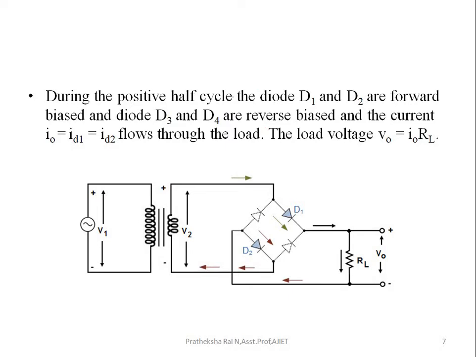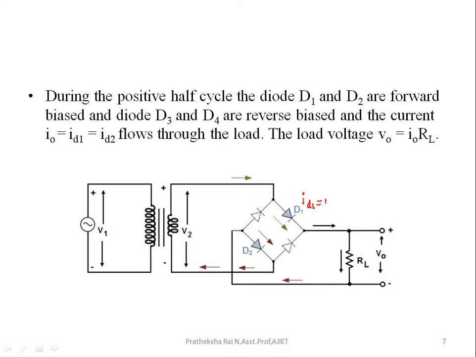The current produced by D1, I will write it as ID1. So this is the flow of the current, and I can write I0 equal to ID1.